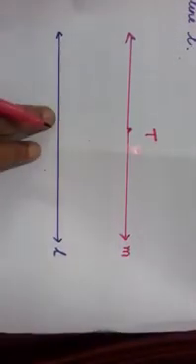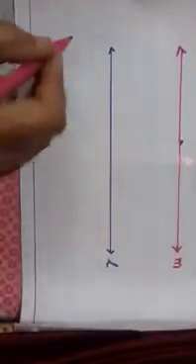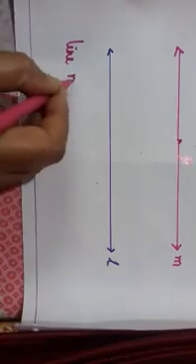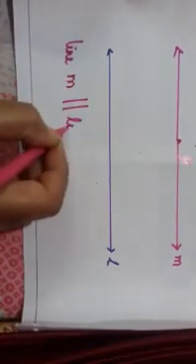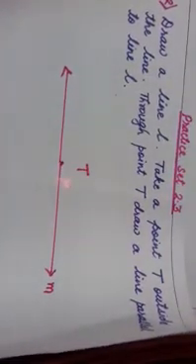Extend this line to this side also, and name that line as M. So through that point T we have drawn a parallel line. Now the first line is L and the parallel line is M. How to write the answer again? Line M is parallel to line L. So we have completed the second question also of practice set 2.3.